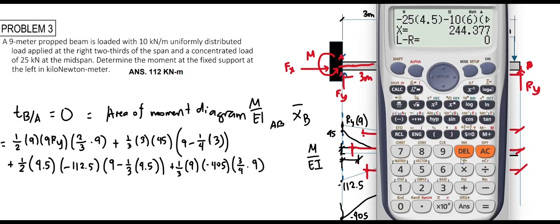Now we can solve for Ry. We have 0 equal to 1/2 of 9 times 9 Ry times 2/3 of 9, plus 1/3 of 3, so that's basically 1, times 45 times 9 minus 3/4, plus 1/2 of 4.5 times negative 112.5 times 9 minus 4.5 over 3, plus 1/3 of 9, that's 3, times negative 405 times 3/4 of 9.